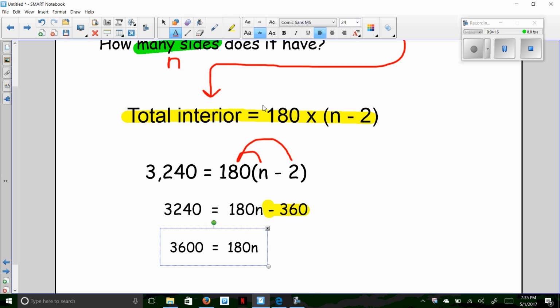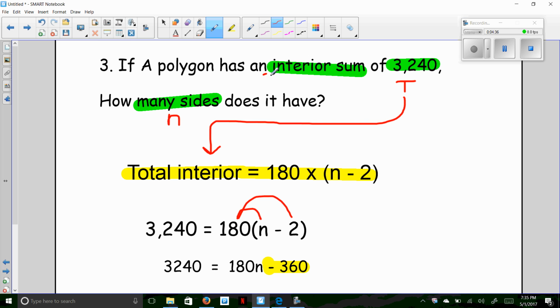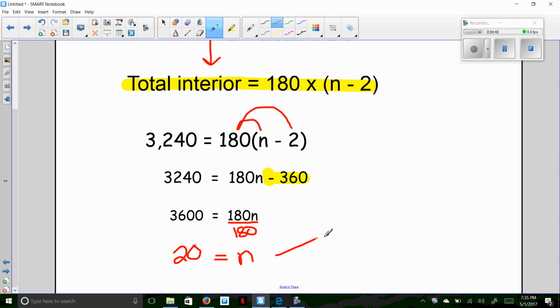And our last step, hopefully everybody's with me, is to divide both sides by 180, and n equals 20. So a polygon with an interior sum of 3,240 has 20 sides.